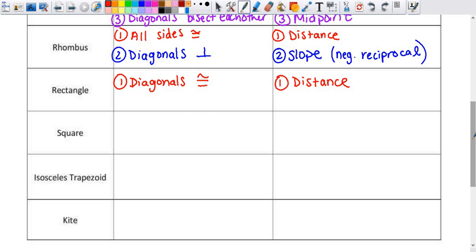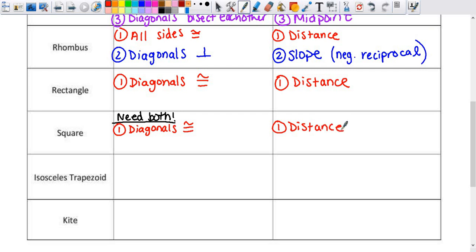All right, now a square. Remember, squares have to be pretty specific, so you need both of these, okay? Make sure that you note this, all right? So the first one that you should use, that would be the quickest, is diagonals congruent, which we would use distance formula for.